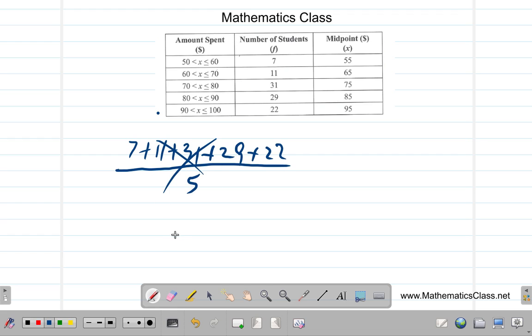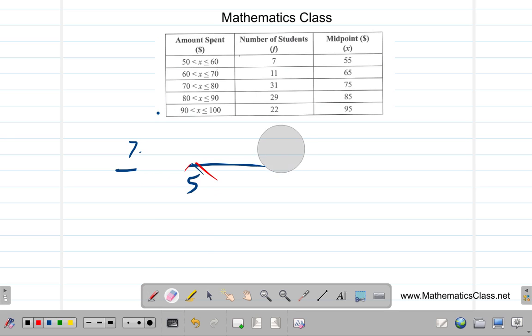Wrong. That can't work. And you can't go over here and say 55 plus 65 and so on either. What happens is this, you see.